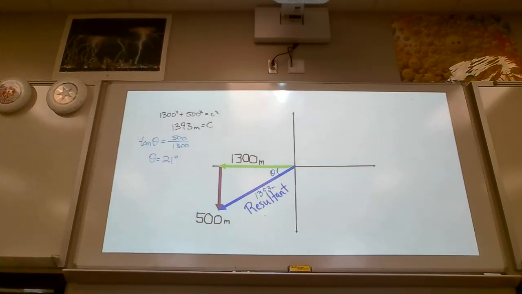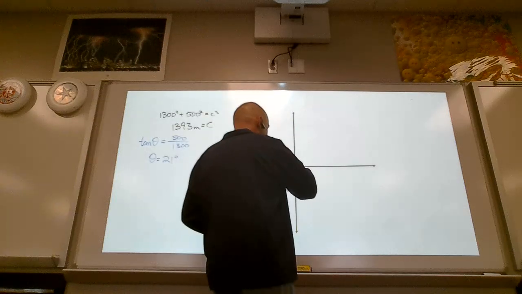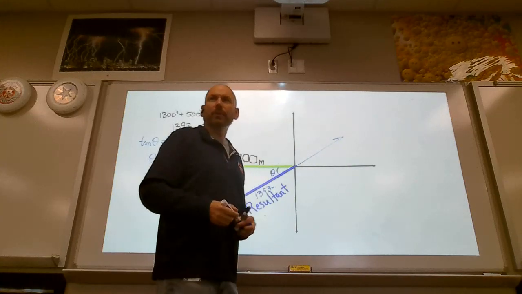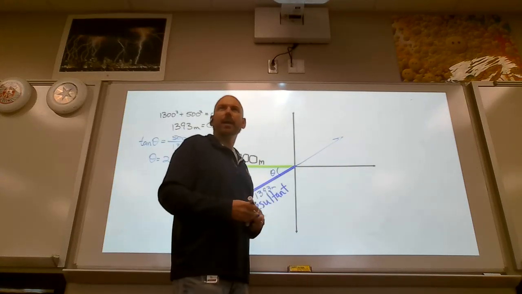So if I told you, okay, I want you to walk 1,393 meters at 21 degrees, you'd be like, right, on it. Most all of you would be like, got it, boom. 21 degrees. And I'm like, oh shoot, no, scratch that.